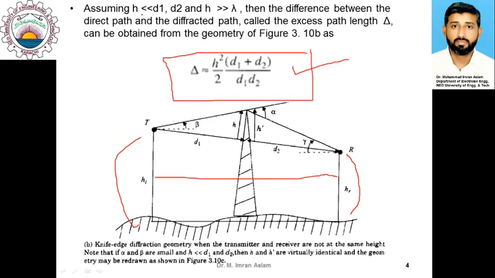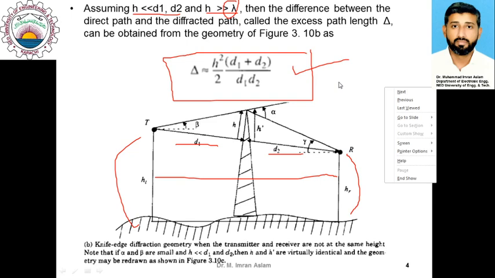So we are assuming that the heights of the transmitter and receiver and the height of this obstruction are small as compared to these distances d1 and d2. And secondly, this height of obstruction is much greater than the wavelength of the wave which is being used for propagation. So this approximation is made on these assumptions, and after that we get this path difference to be equal to this value.